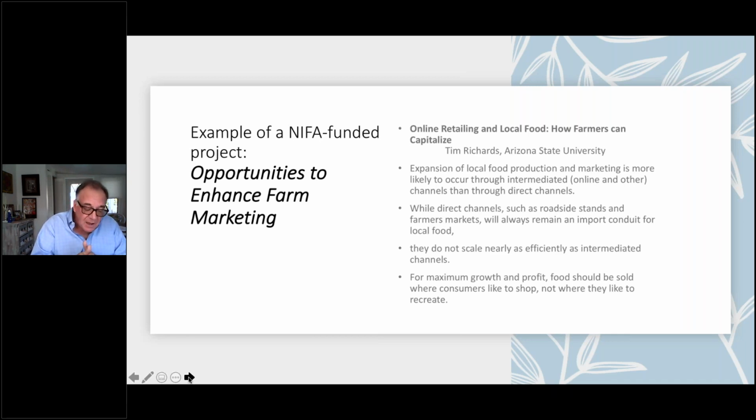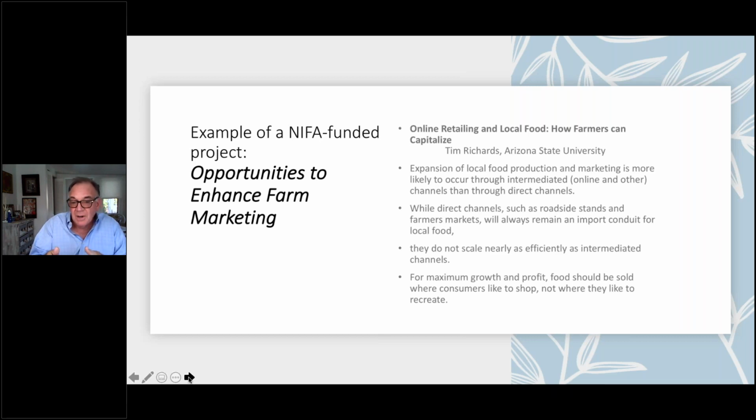What he's found essentially is that it tends to be a more effective way of getting produce out to a broader audience. You can scale up more efficiently than local food markets can for certain types of products and for certain types of markets. So that's a good sign and a good opportunity for producers to consider.